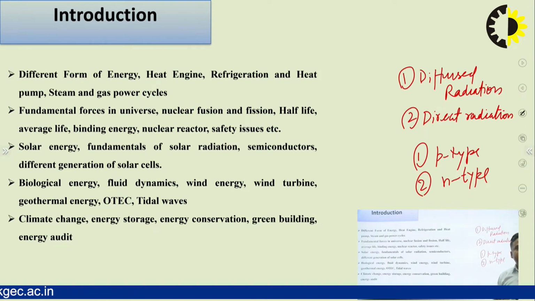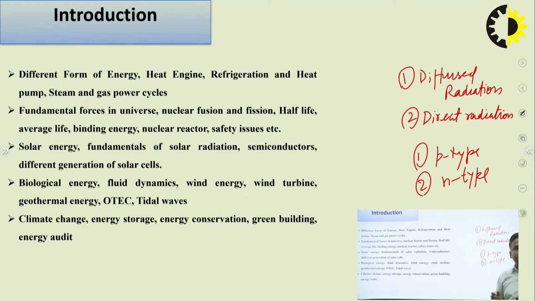There are basically 3 generations of solar cells, and these generations define the advancement of solar cells as per the requirement from time to time. समय समय के हिसाब से जैसे जैसे चेंजेस हुए उसके अकॉर्डिंग क्या डेवलपमेंट हुए हैं, and we are using different materials at different generations.